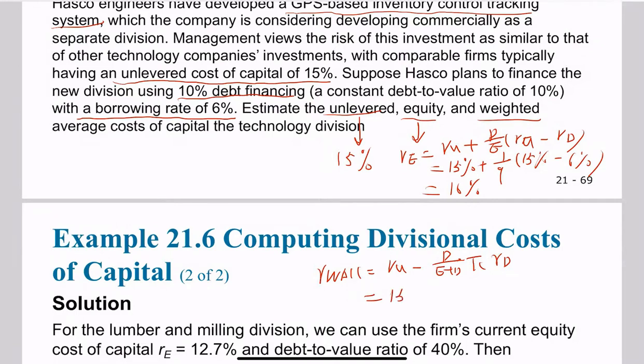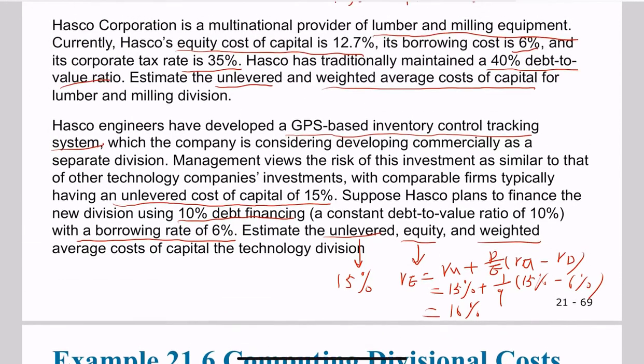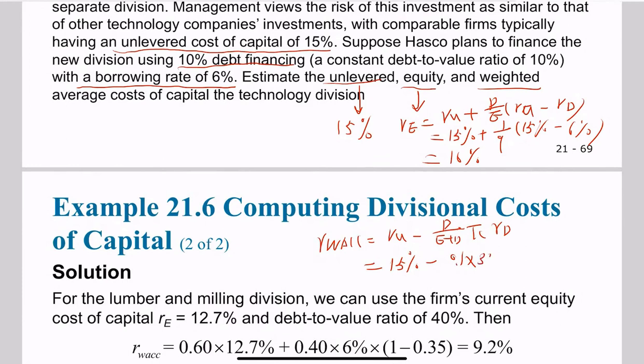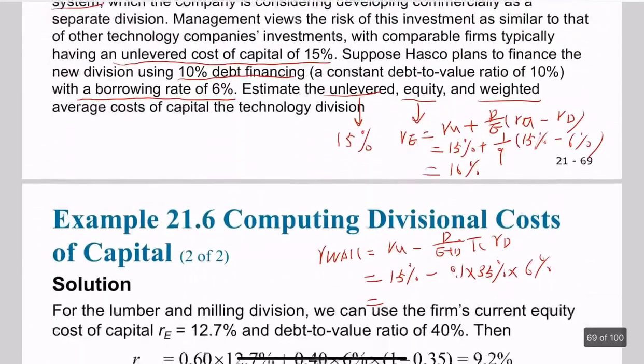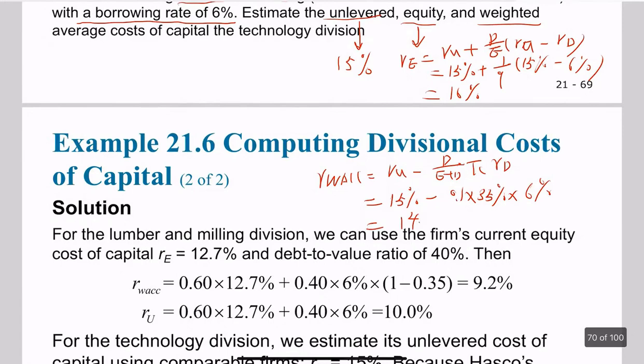Okay, 15% minus 10% debt value ratio times corporate tax rate 35% and times debt cost of capital 6%. So this should give us 14.8%. Okay.